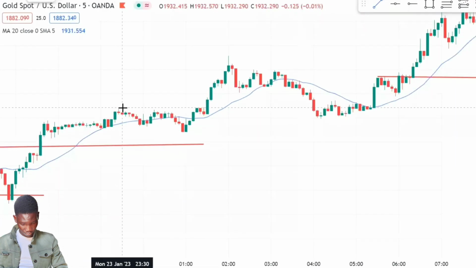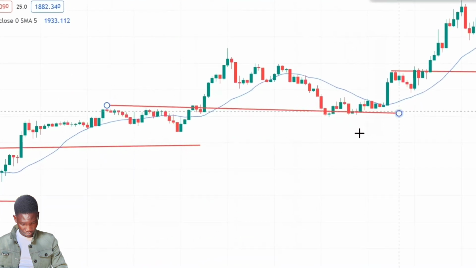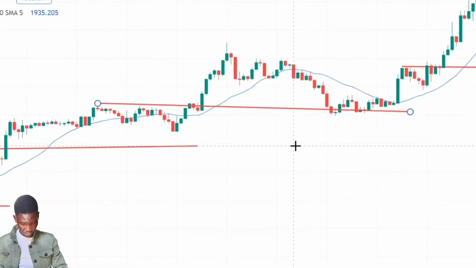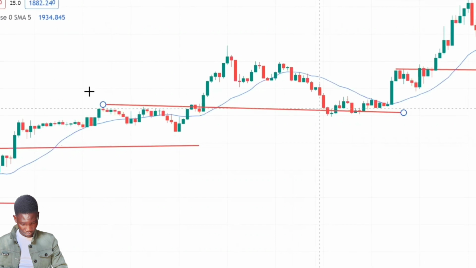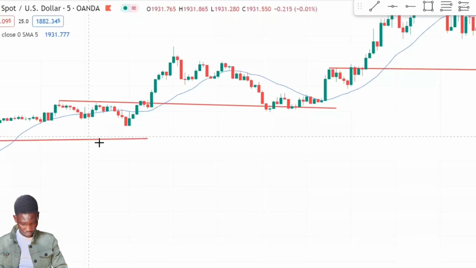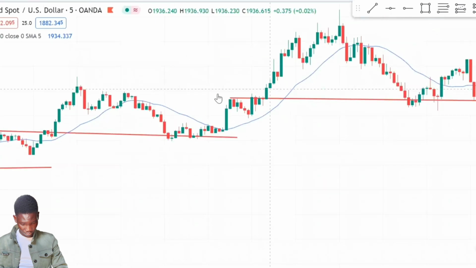Price came back here again, using the initial higher high to create a new lower high. We tested the same higher high that previously formed to form a new lower high, and this pattern just continued and continued.